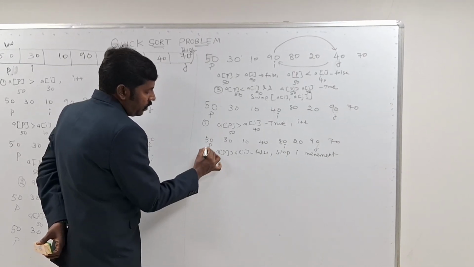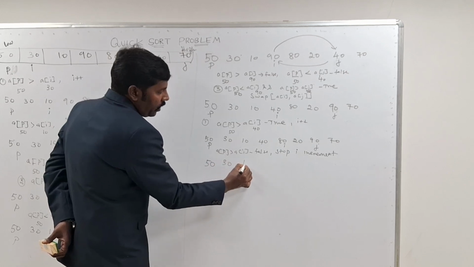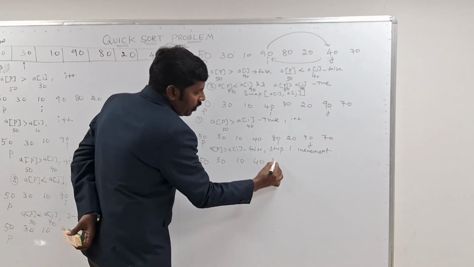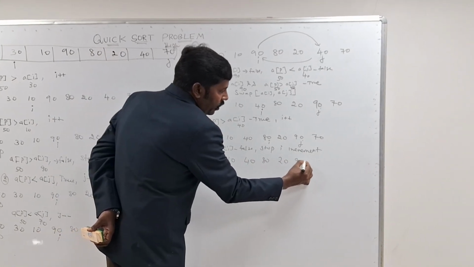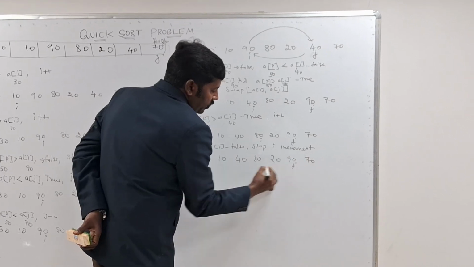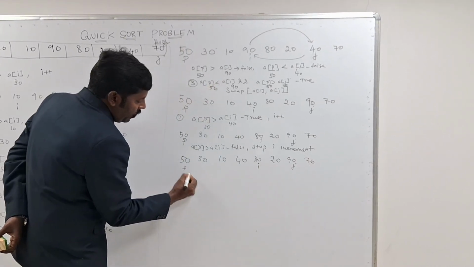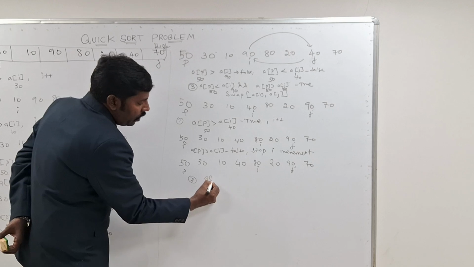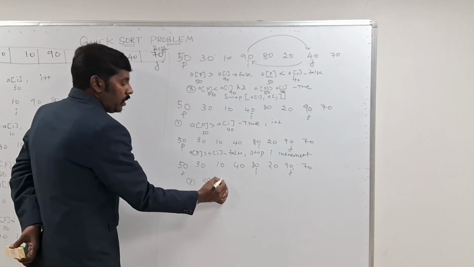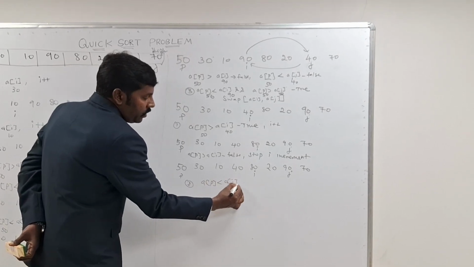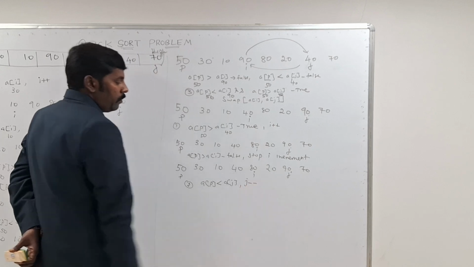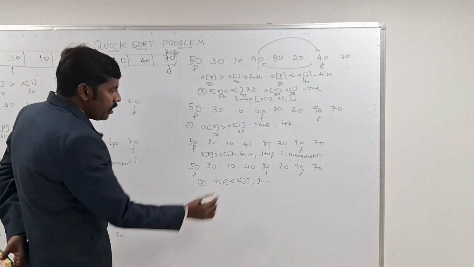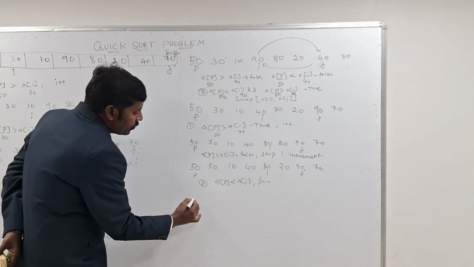So write again: 50, 30, 10, 40, 80, 20, 90, then 70. This is I, this is P. Condition 2 is A of P greater than A of J. The condition is true, J decrements by 1. Now J comes to 20.